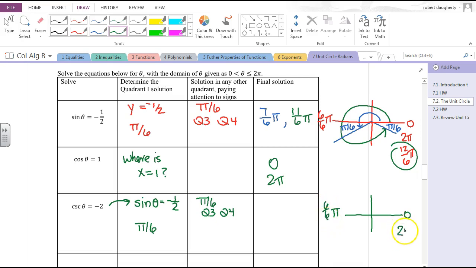And when I get back and make a full revolution of 2 pi, let's call that 12 over 6 pi. So to find the angle that's in quadrant 3 and quadrant 4, so if this is pi over 6, I should be able to reason that these two angles are 7/6 pi and 11/6 pi.